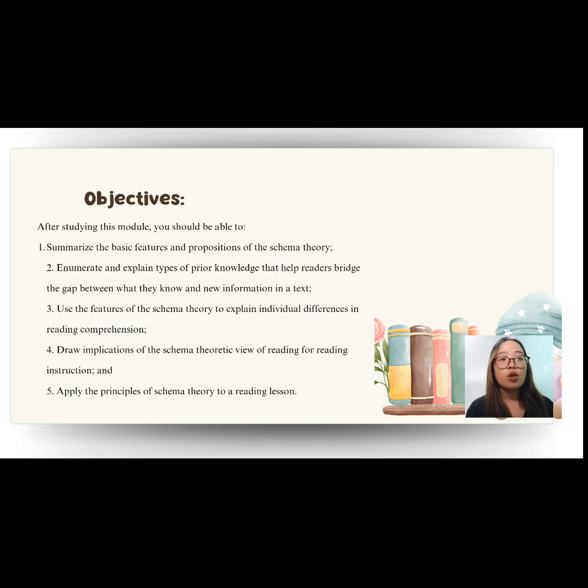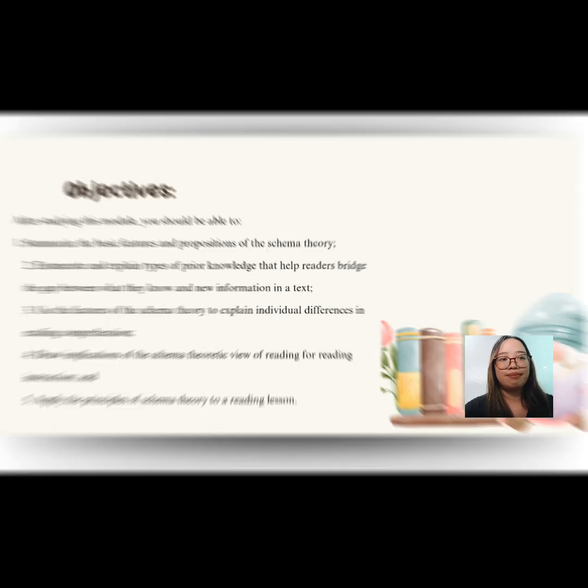Third, use the features of the schema theory to explain individual differences in reading comprehension. Fourth, draw implications of the schema theoretic view of reading for instruction. And last, apply the principles of schema theory for a reading lesson.